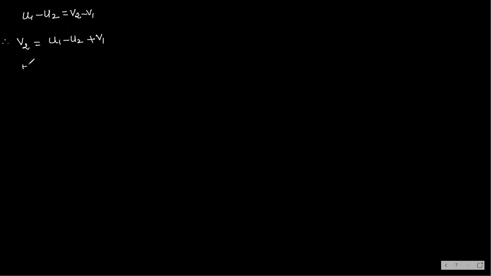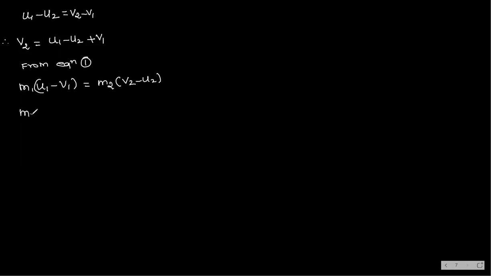Now from equation 1, what is equation 1? m1 into (u1 minus v1) is equal to m2 into (v2 minus u2), right? Now can I substitute the v2 value here?